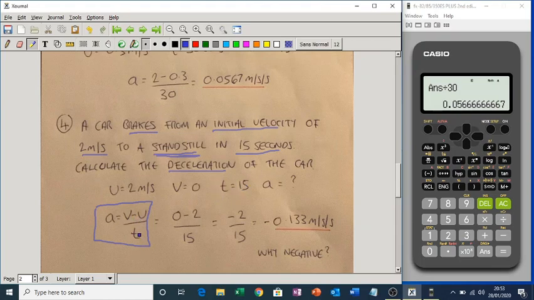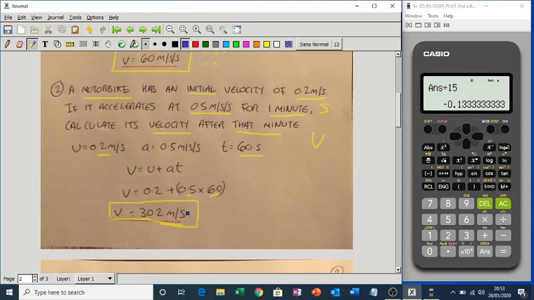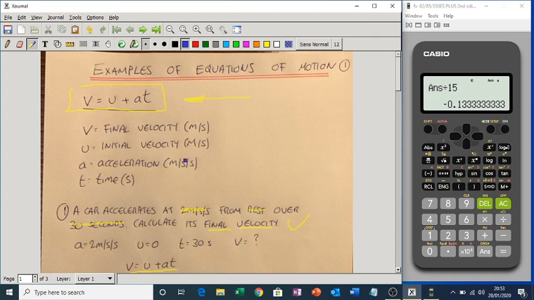Don't forget we're slowing down, so we're going to get a negative number. v is 0, take away 2, so 0 minus 2, obviously, divided by 15 gives me minus 0.13 meters per second. It's slowing down in the opposite direction. That's why we get a negative number. So they're just some nice and easy examples using v equals u plus at.